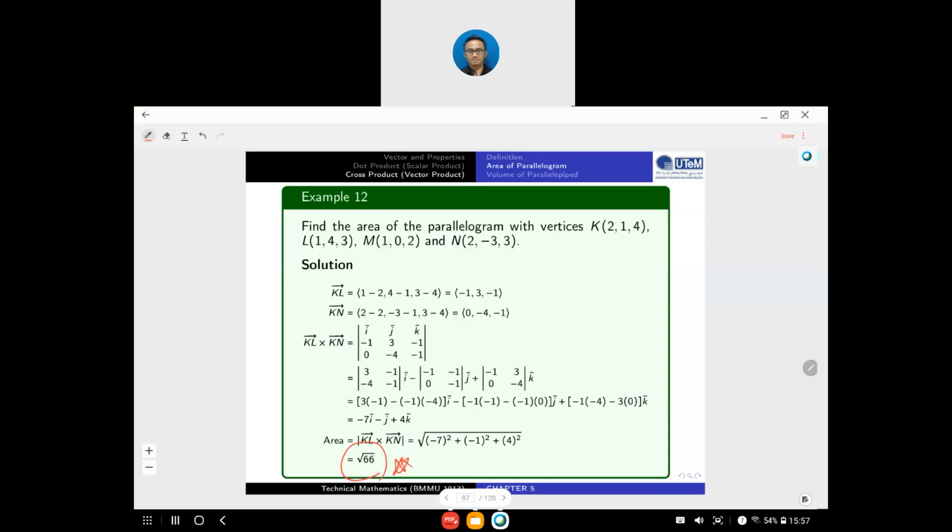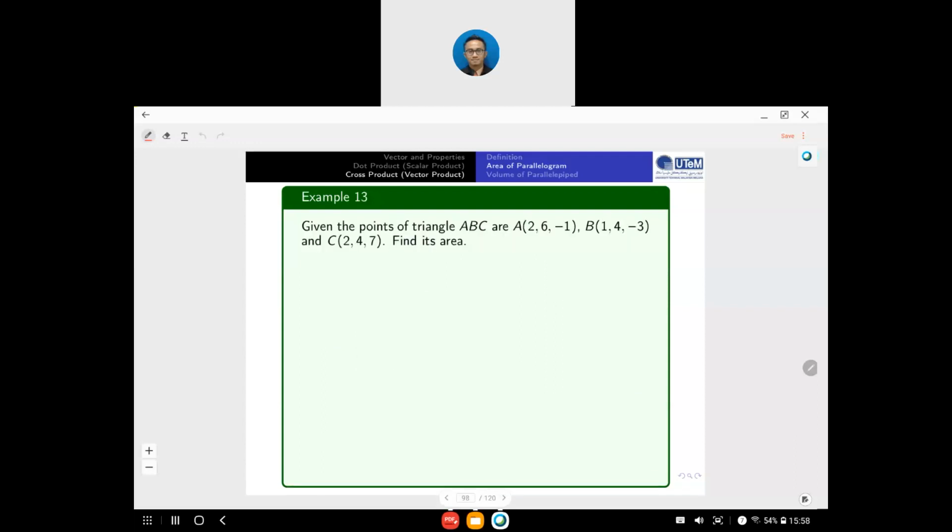Okay, now look at the next example. Given the points of triangle ABC, find its area. So remember, the area of a triangle is half of the parallelogram. It's given in terms of points, not in the form of vectors, so you need to find the vectors first.